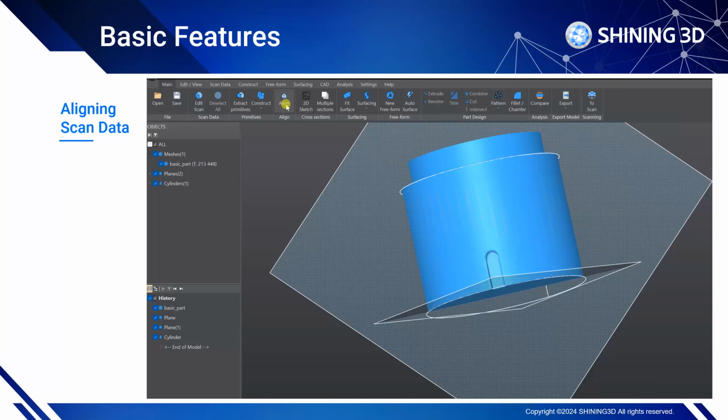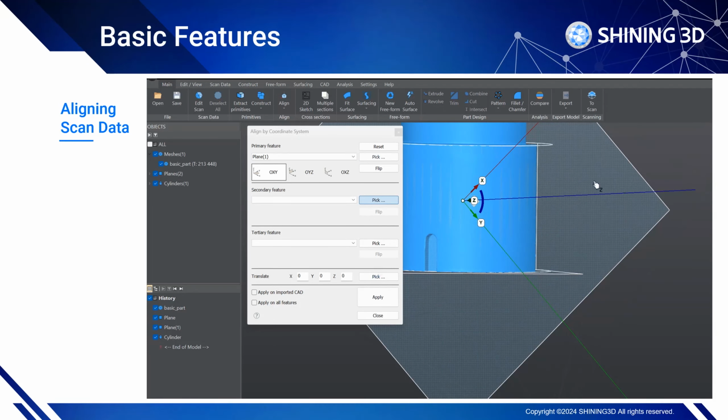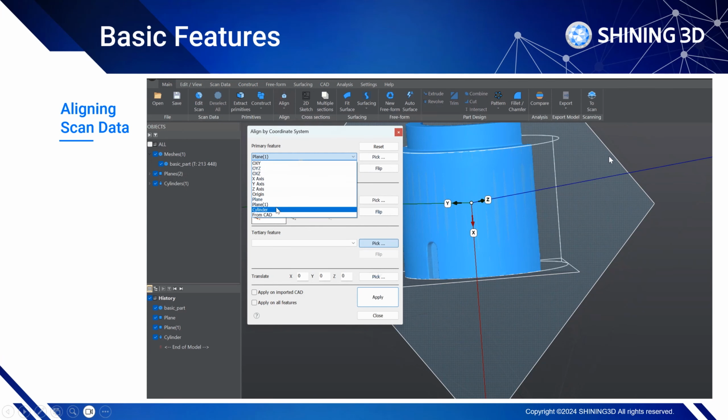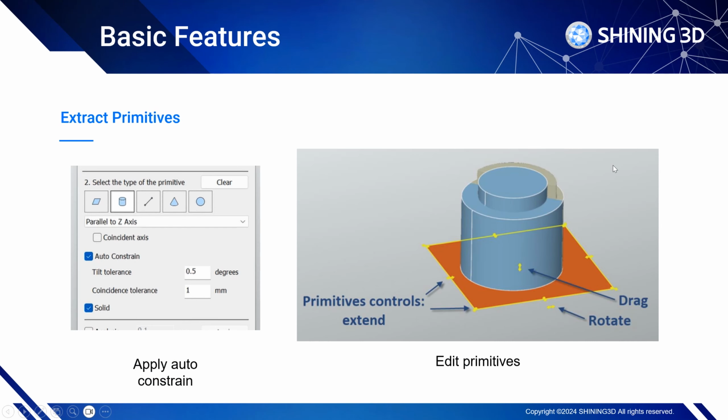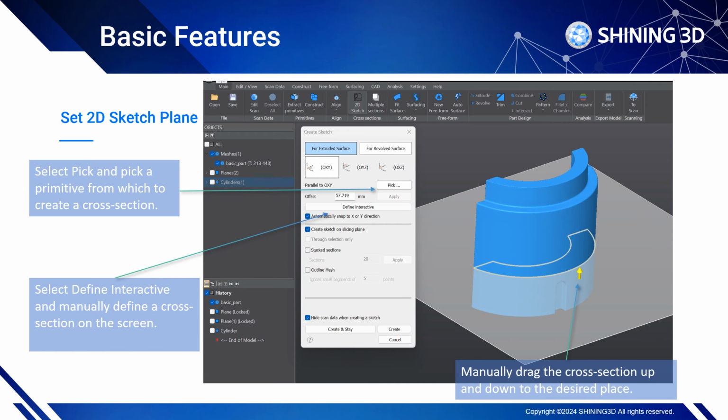Then we will align the data to the work coordinate system because they used to be floating around in the coordinate system because it's scan data. Then we'll extract more primitives and talk slightly about the constraints of those primitives. We will do a trim of all the surfaces to form a solid body. Then we'll do some 2D sketch to add more features.